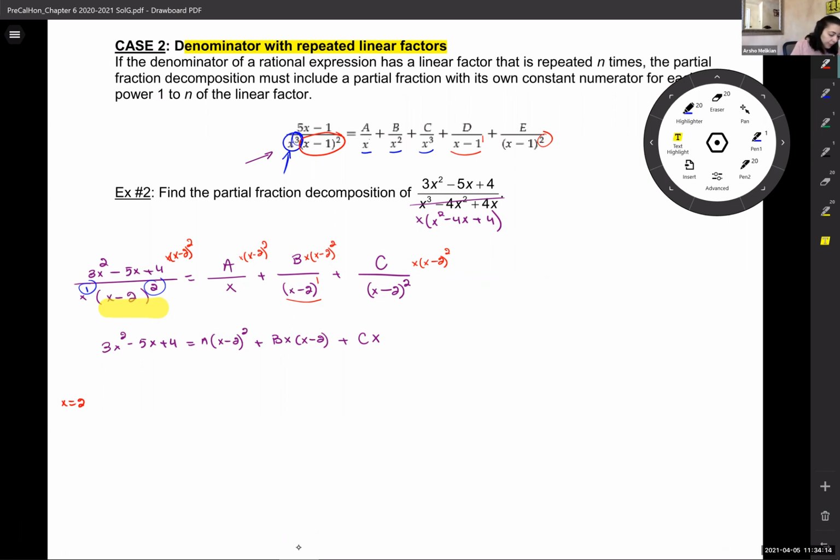The first part gives me a 6 equal to A times 0 plus B times 2 times 0 plus C times 2. Okay, all these go away. So 6 is 2C, C is 3.